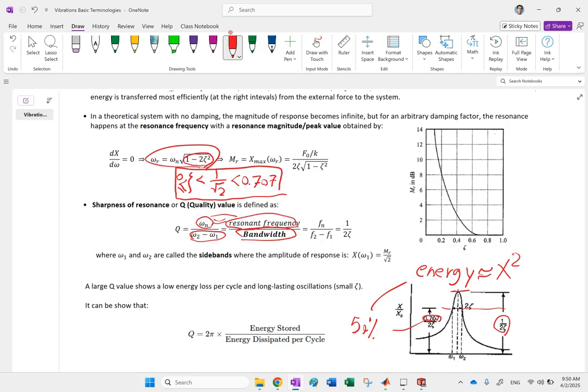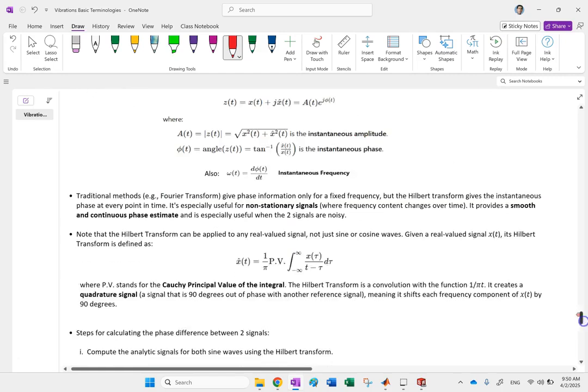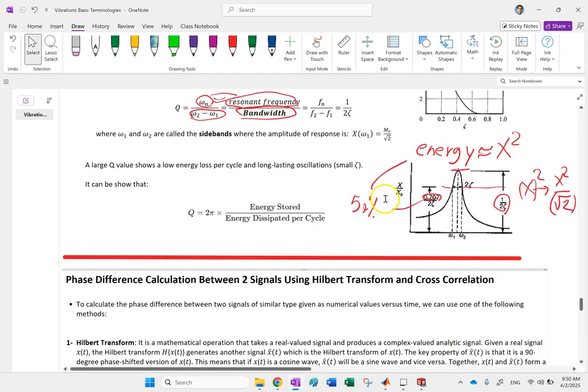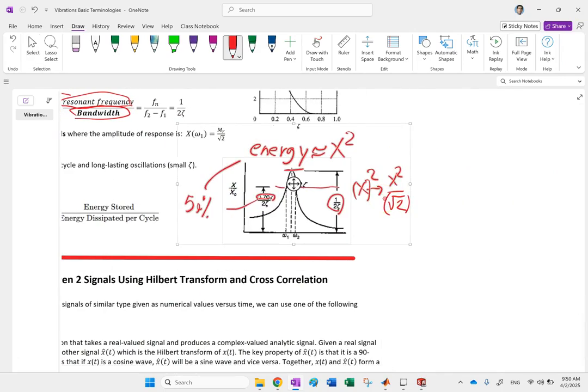So if my magnitude drops to the magnitude over square root 2, my energy will drop to the whole energy divided by 2, the initial energy divided by 2. So the energy of the signal drops by 50%, and that is where we define the bandwidth.